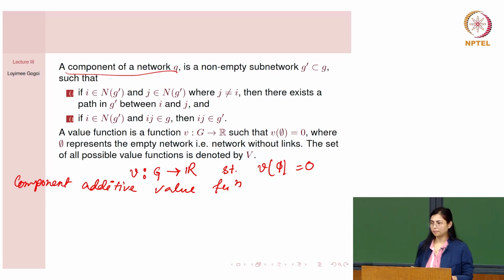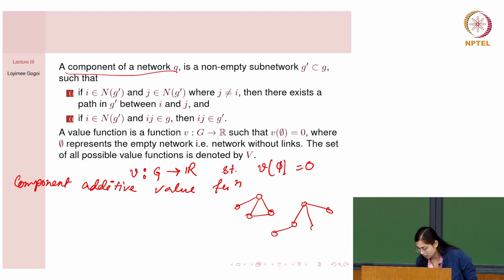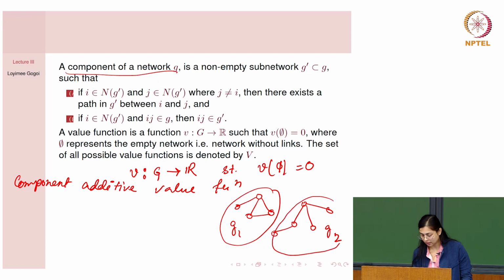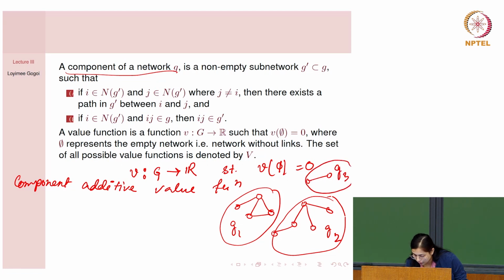As you know, what is a component? Say for example, this is one network, and it has these components, G1 and G2. This is one component G1, this is another component G2. Let's take one more component, this is G3. And the whole network I am calling G. How many players do I have? 2, 3, 4, 5, 6, 7, 8, 9, 10, 11.